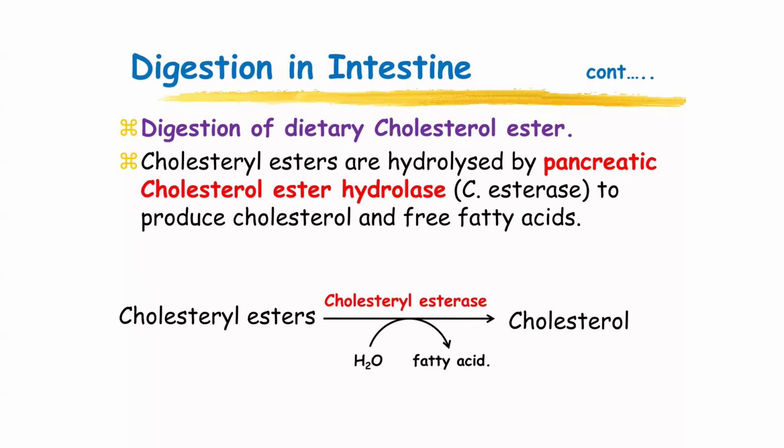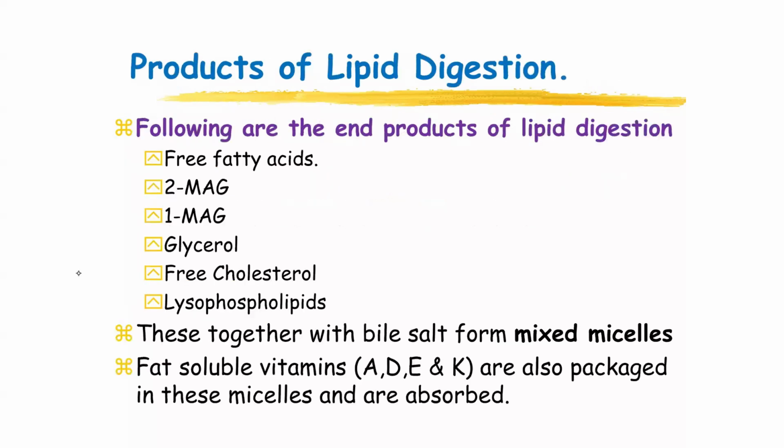This enzyme, cholesterol esterase, will hydrolyze the cholesterol esters to produce 1 free fatty acid and cholesterol. And those are the 3 major enzymes involved in the digestion of lipid in the small intestine. That is why we say the digestion of lipid majorly takes place in the small intestine.